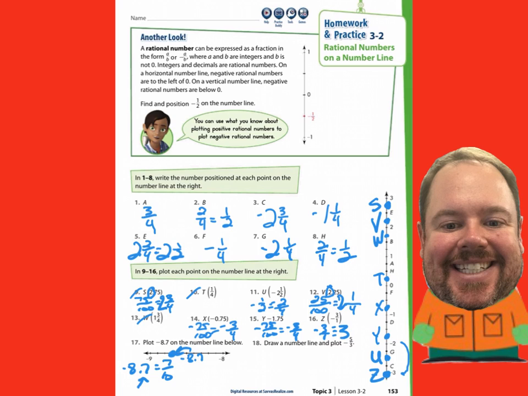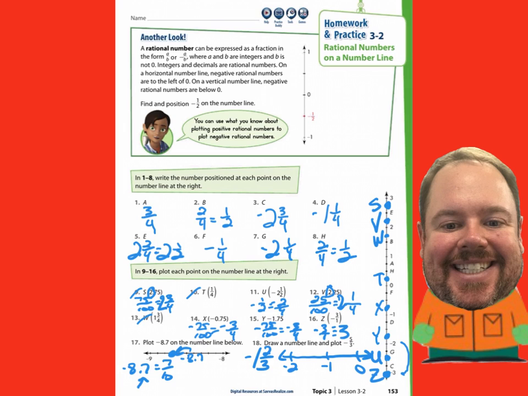Next, we need to draw a number line for negative 5/3. But first, let's talk about negative 5/3. I know that 3 can go into 5 one whole time, and I would have 2 left over. And if we're dealing with thirds, that means negative 1 2/3. So if I have a number line, I'm going to start at 0, negative 1, negative 2. It is going to be somewhere here.